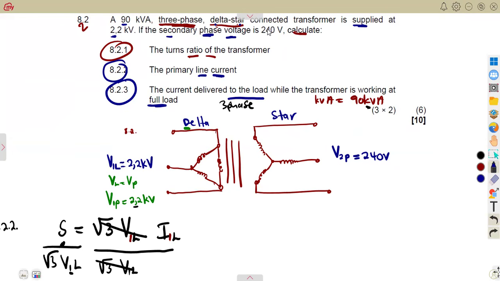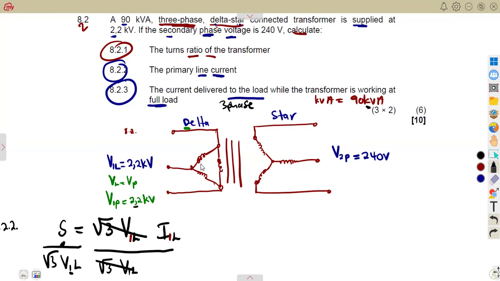What are we considering? You're considering a star. This is the output that you're given. So what is going to be the current?